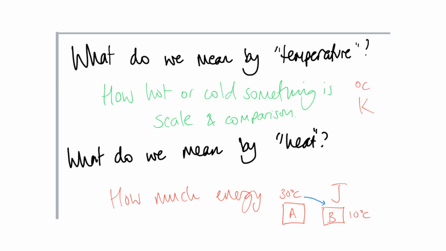So something with a different temperature tells us which direction energy will flow. And then eventually they'll be the same temperature. So if we imagine a hot cup of tea, leave it out, it's going to be the same as the surroundings. And at the point when the tea is at the same temperature as the room, that's when you're in thermal equilibrium. Both are in the same temperature and there's no movement of energy from one to the other. So that's thermal equilibrium.